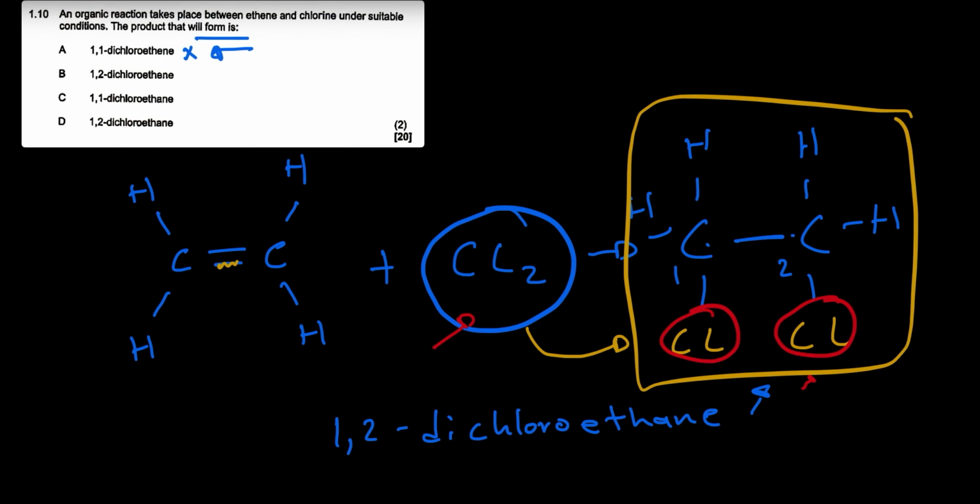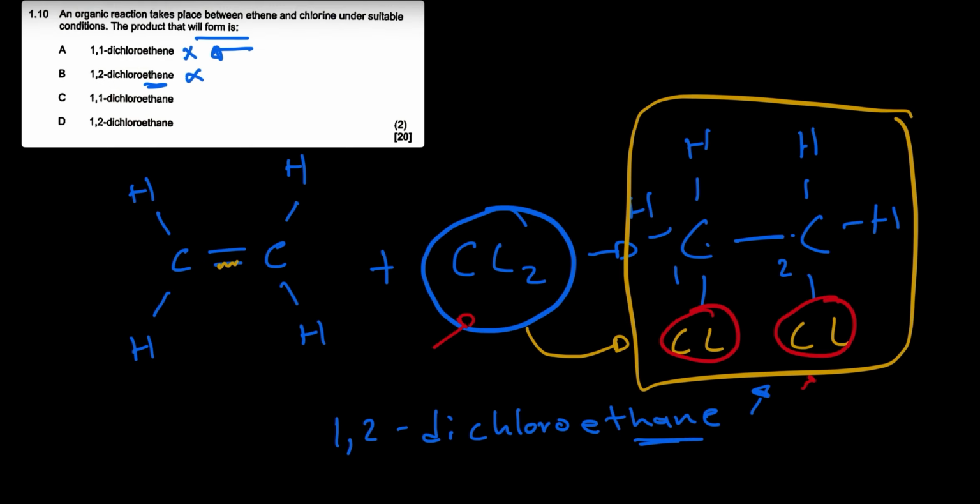So now if we look at number 2, they say we have 1,2-dichloroethene. So now look, the mistake is the ethene part. So this is no longer an ethene, but is an ethane. So that means B is incorrect.